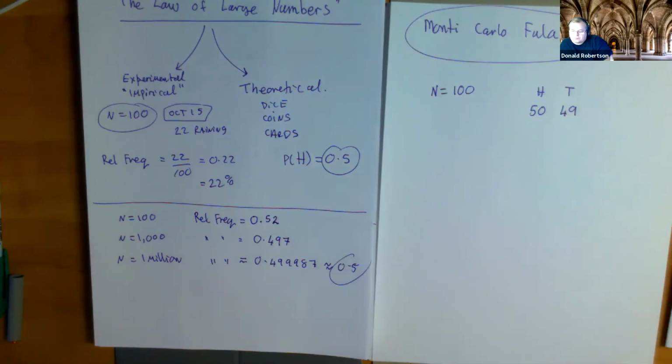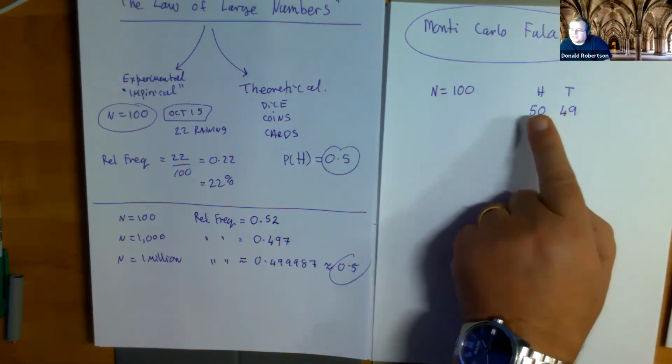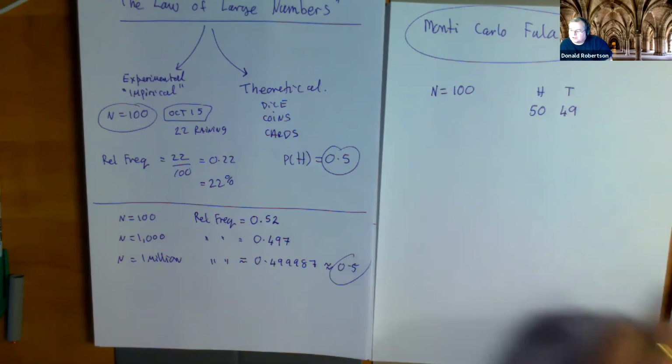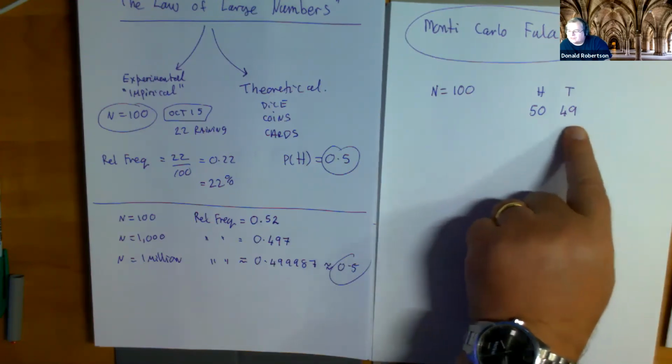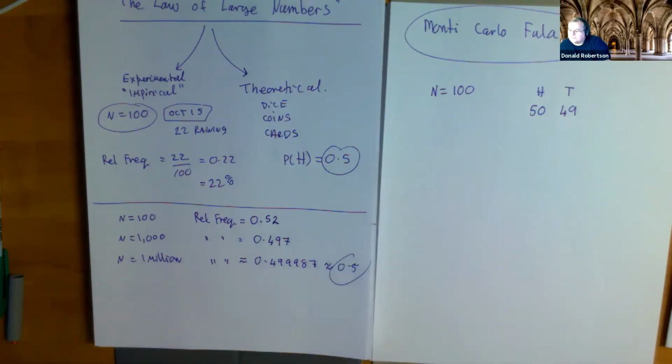So he's thinking to himself, one more coin to go, right? And the Monte Carlo fallacy says that people think that the last coin is more likely to be a tail than it is a head, because you think that these should balance at 50-50, right? Because that's what you expect from the theory.